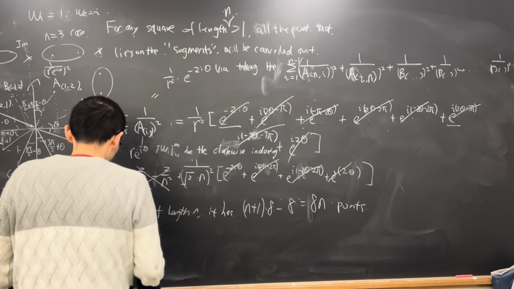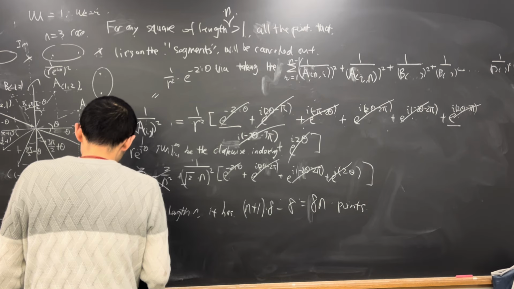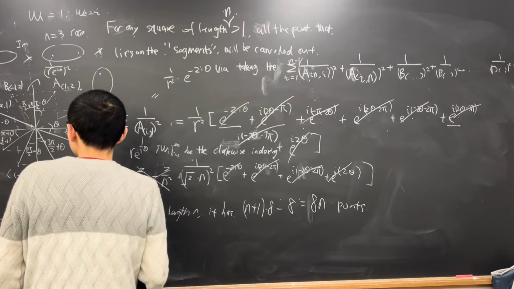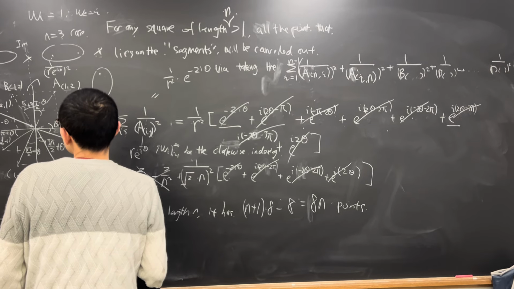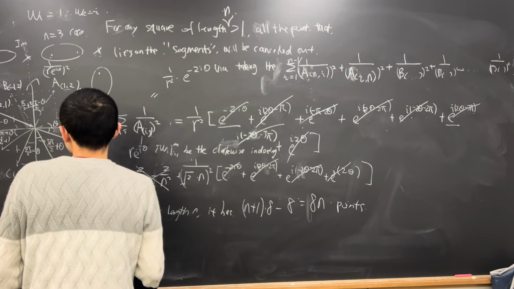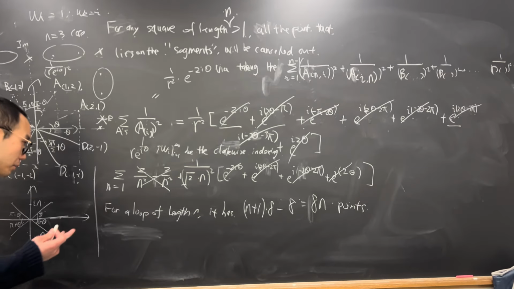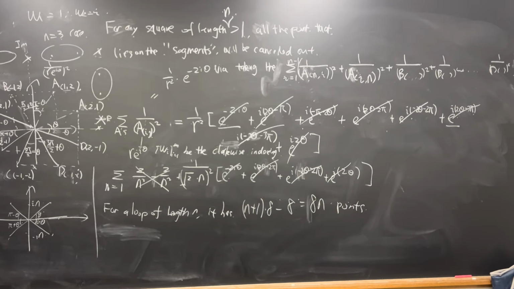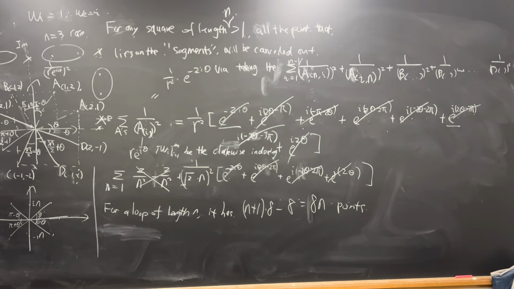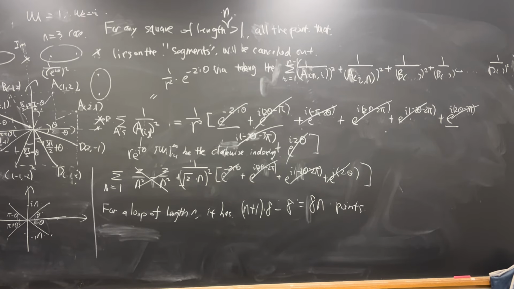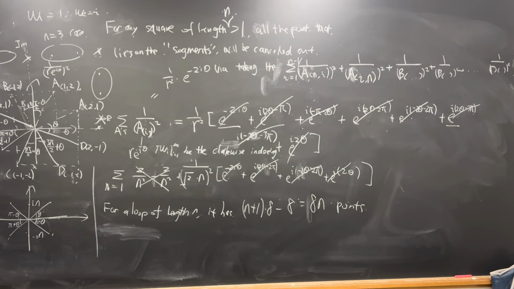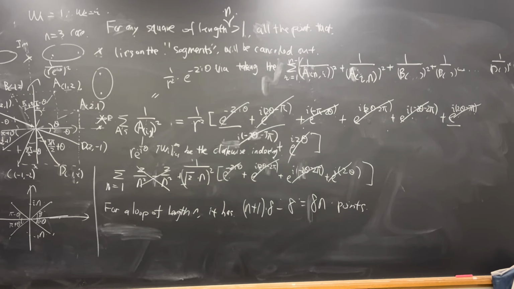So let me try to think. Minus 0 basically means just taking their sums, right? So the modulus of the final sum is less than epsilon.